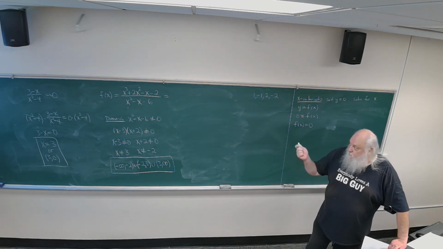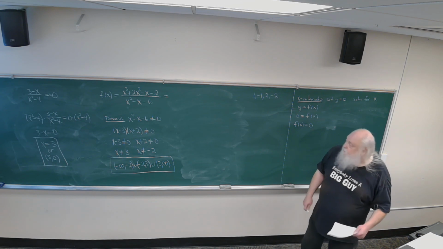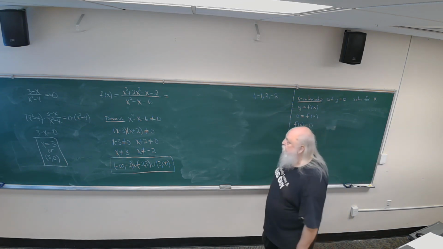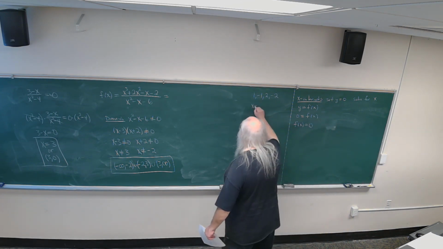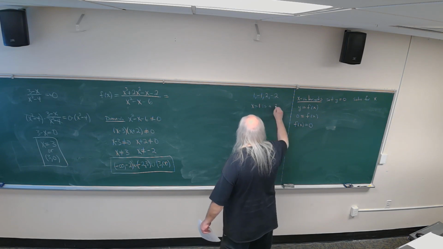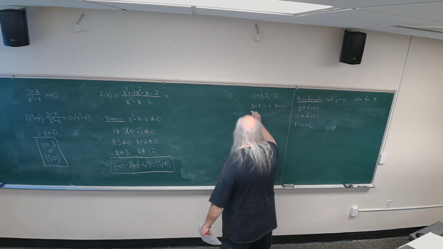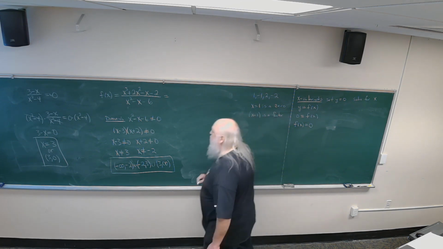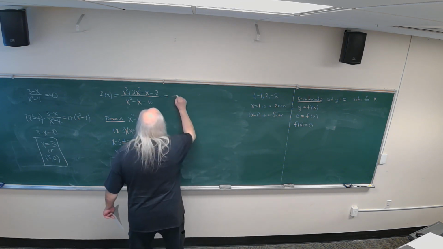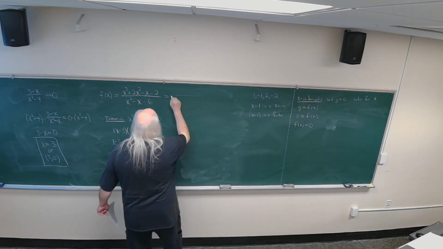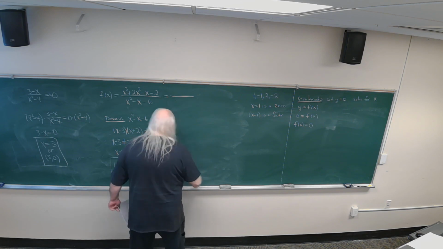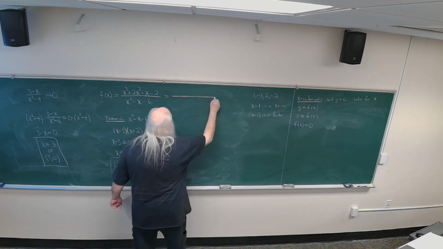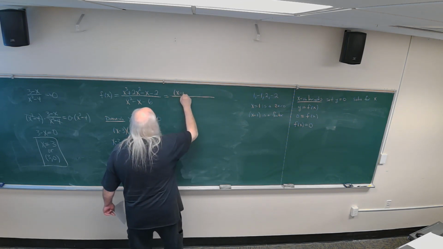And so when I worked this problem on my own, I discovered x equals 1 is a zero. And x minus 1 is a factor. So the numerator, this third-degree polynomial, factors into x minus 1 times something.